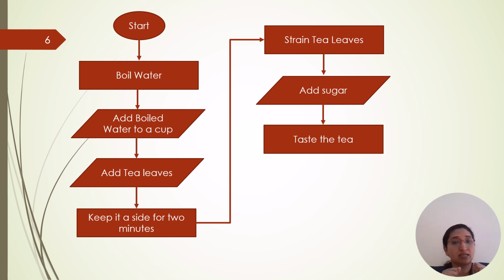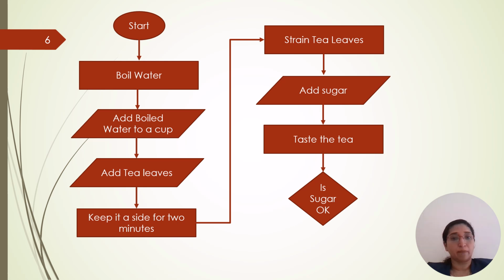You need to check whether the sugar level is okay. So is sugar okay? If no, if the amount of sugar that you added is not enough for your taste, you repeat this step. You add sugar again.